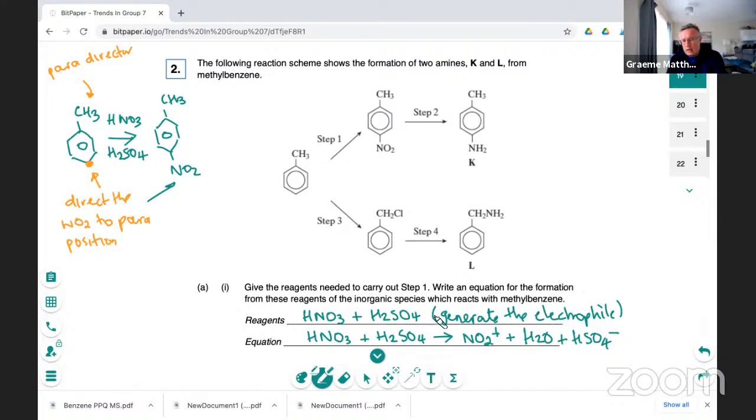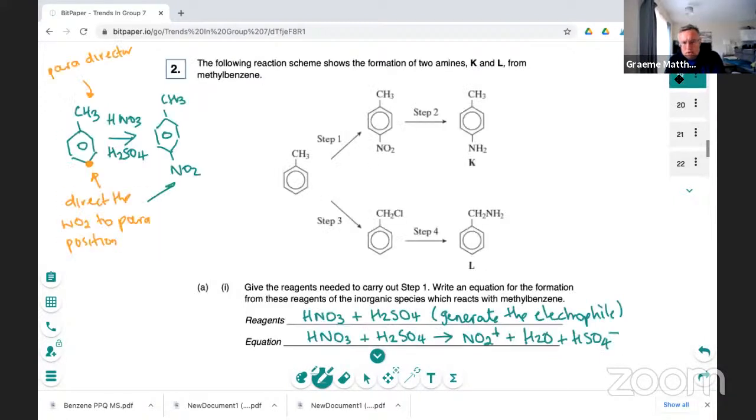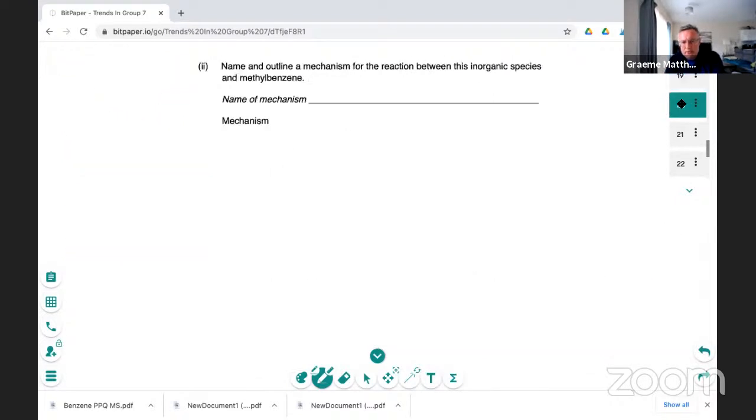I know it's Bronsted-Lowry and proton transfer, but if you just want to memorize the equation in your mind, this is it. Did I actually answer the question? You get the reagents, yes. Write the equation, yes.